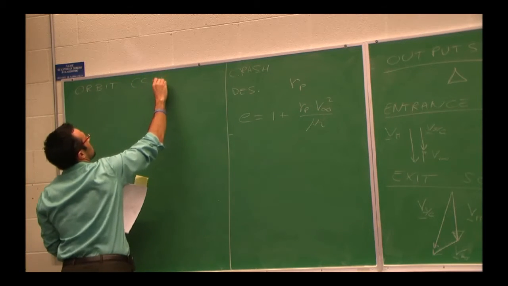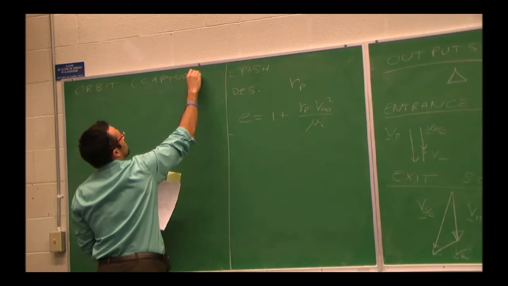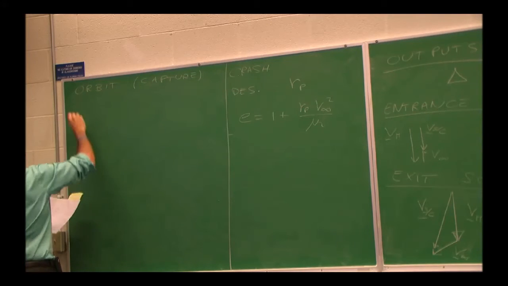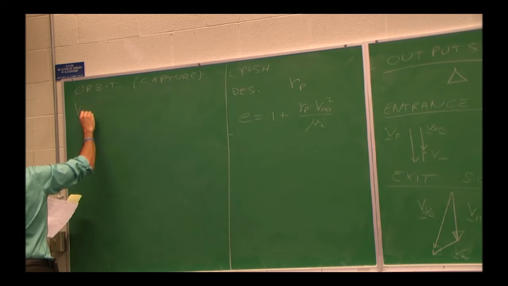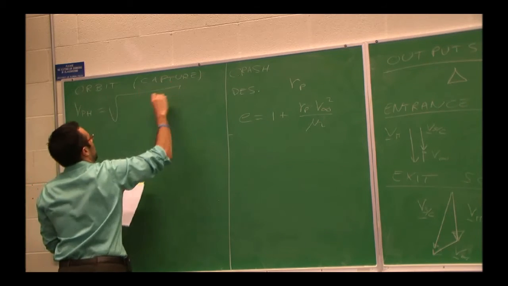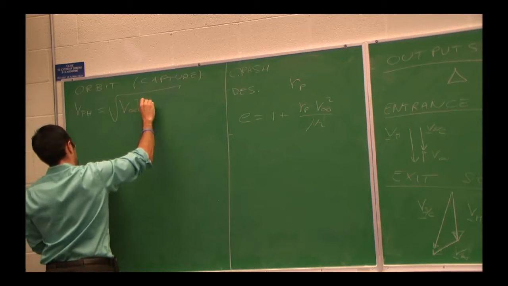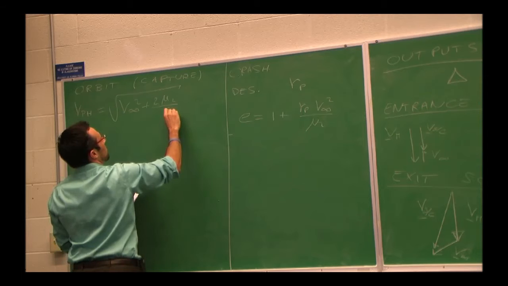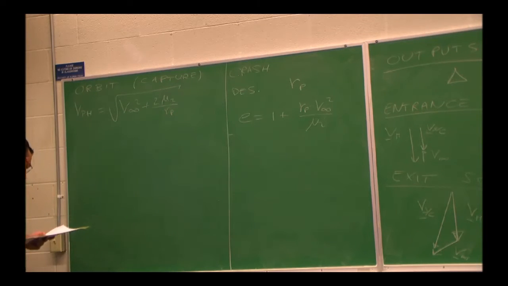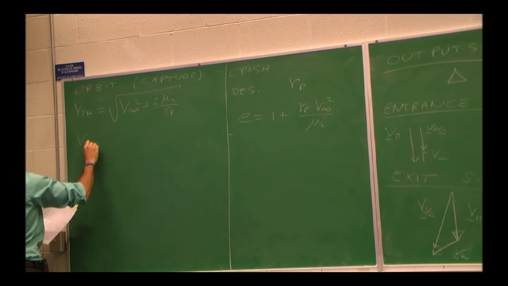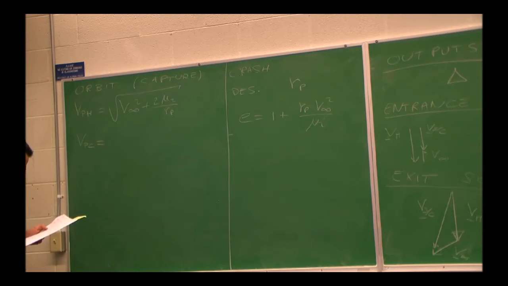capture orbit, as they call it there. Okay, so the velocity at perigee of the hyperbolic path, I call it here, it's conservation of energy. V infinity is given. You can figure out what is your velocity at perigee. On the capture orbit, let me call it Vp on the capture orbit, same idea.